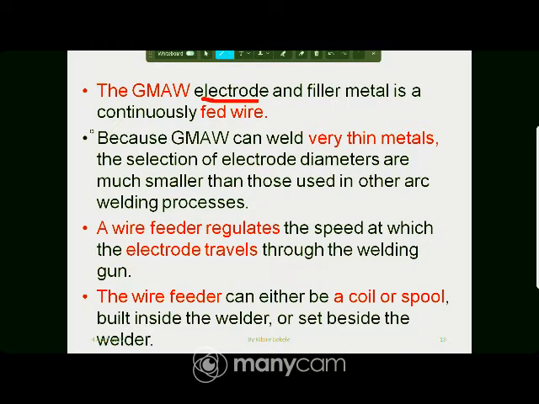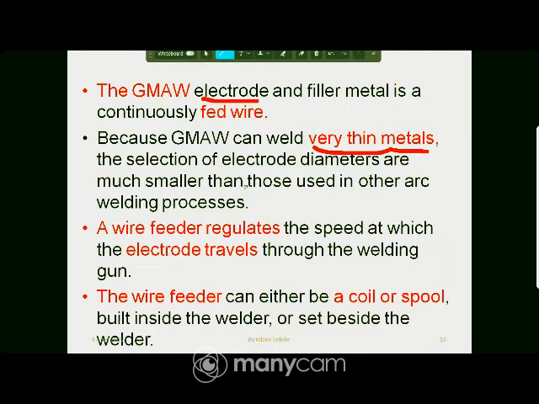Gas metal arc welding can weld very thin metals when compared with the shielded metal arc welding process. This is an advantage, since it can weld thin metals.